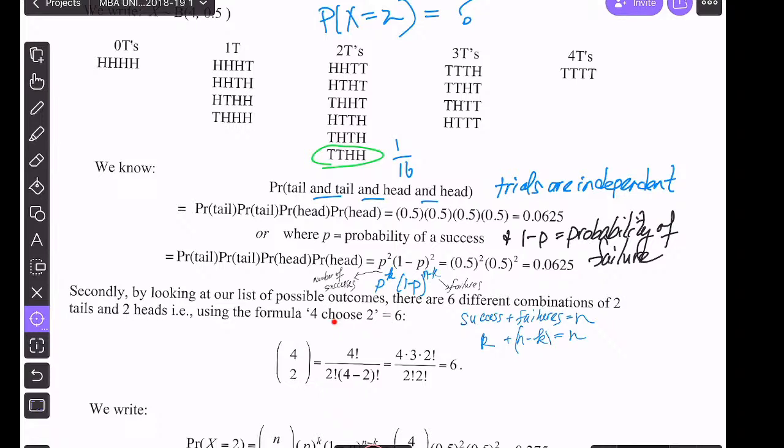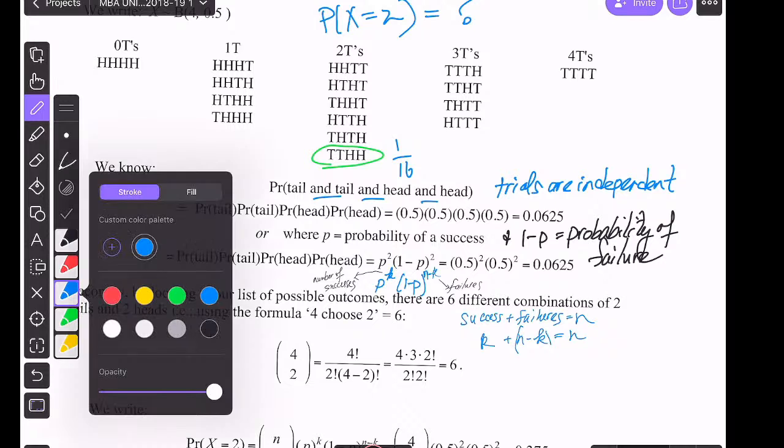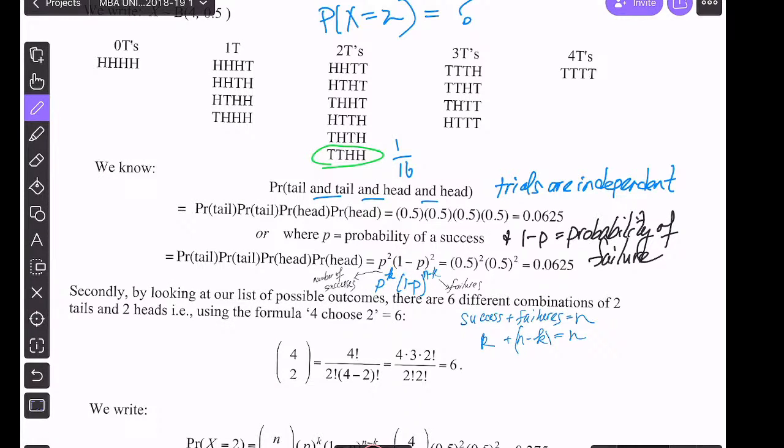This is known as 4 choose 2. 4 choose 2 mathematically is written as, have you seen this before? So nCr, or 4 choose 2.